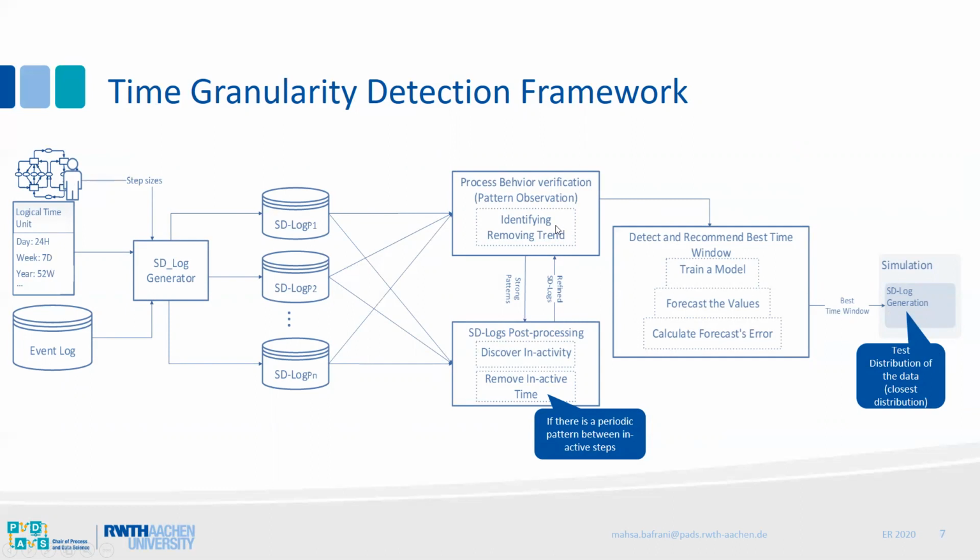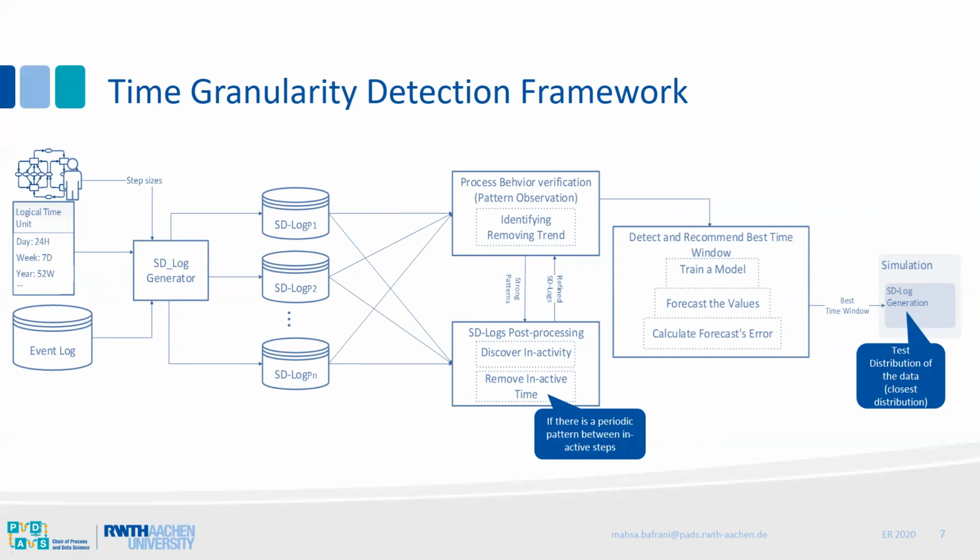Let's say that most of the time in the processes, for example, in a bank, customer arrivals per year have a trend of a 10% increase each year. We remove these trends from our data, and then we go for post-processing of the data, because there exist some inactivity steps in our data, which can be intentionally inactive.